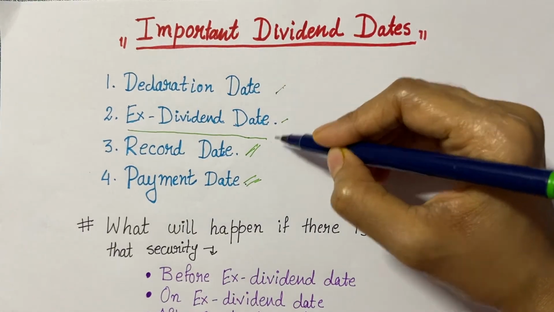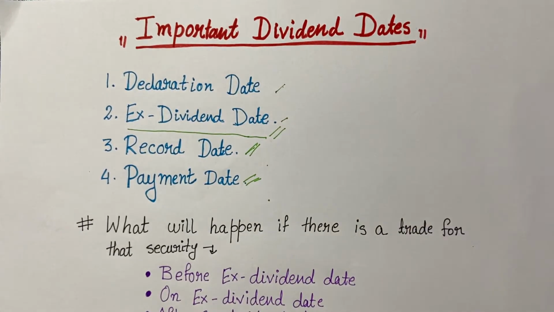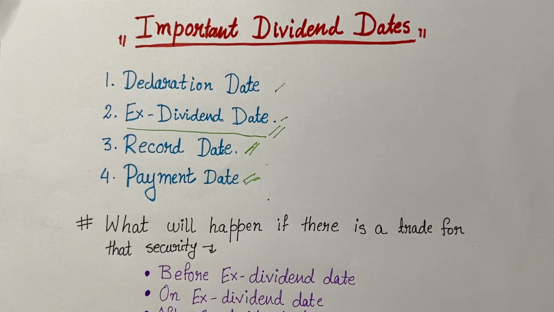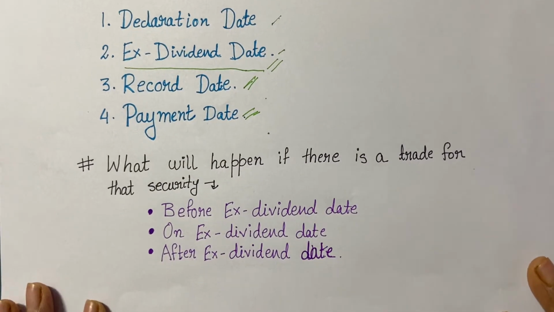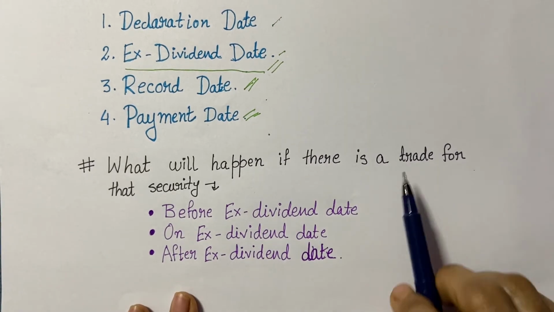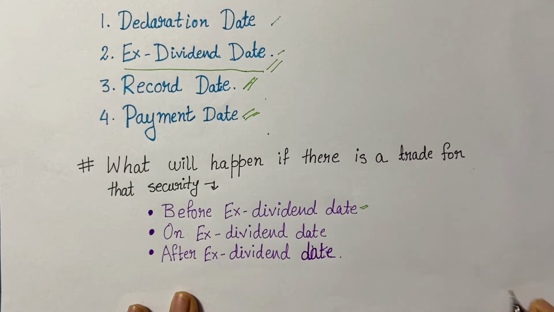So these are the four important dates, and as I mentioned, the ex-dividend date is the most important date in this whole dividend scenario. Mostly the question comes up: what will happen if there is a trade in that particular security before the ex-dividend date, on the ex-dividend date, and after the ex-dividend date?